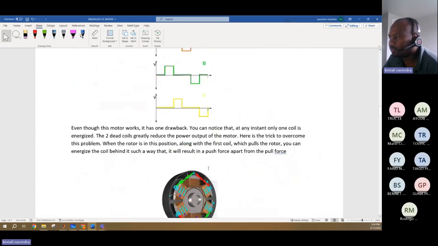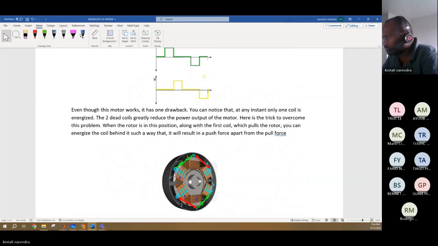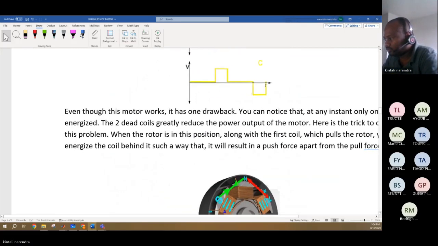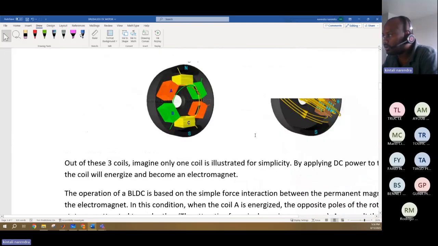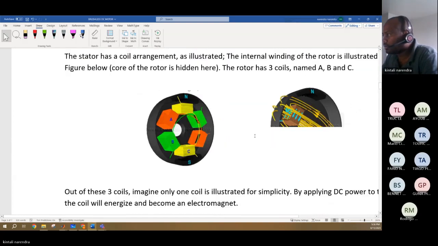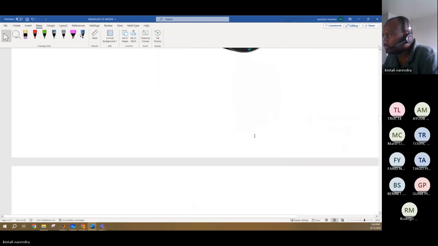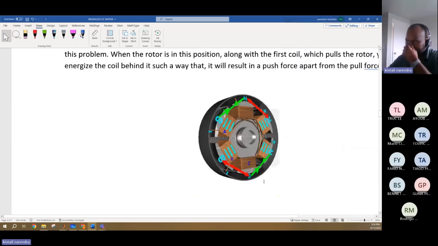At any given moment of time, take this picture here. C is not active, whereas A and B are active.